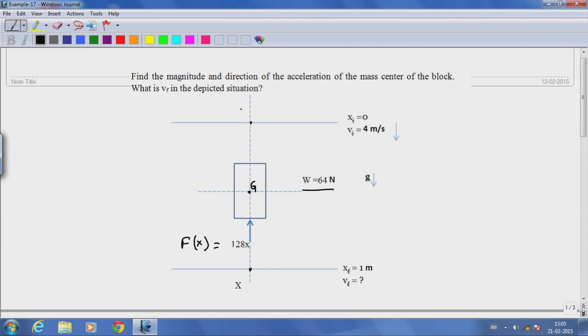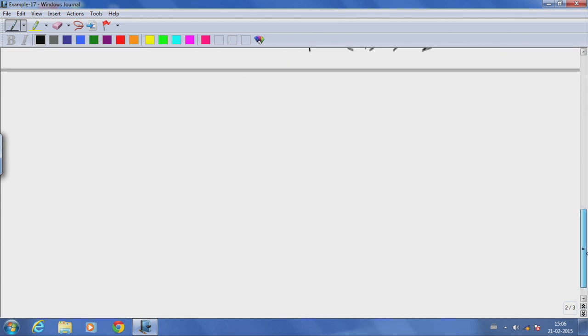So, when the body is at this point, there is no force acting on it, and as the body moves downwards, as x increases, the magnitude of the force increases and its direction is always opposing the motion of this body. This is a very simple model of a body falling on a little spring or a cushion. We are asked to find the velocity when the body is at 1 meter. All right, so let us draw a free body diagram of this body first.